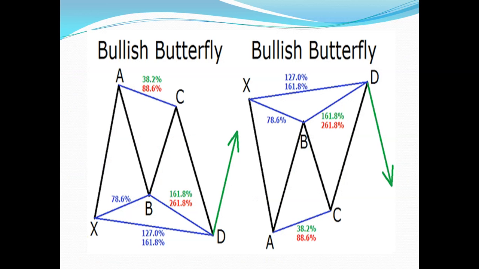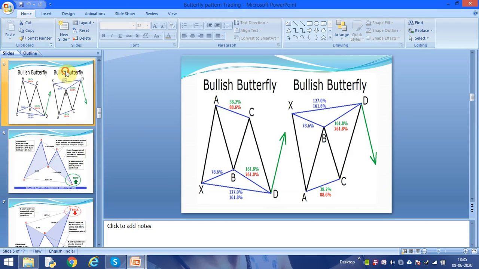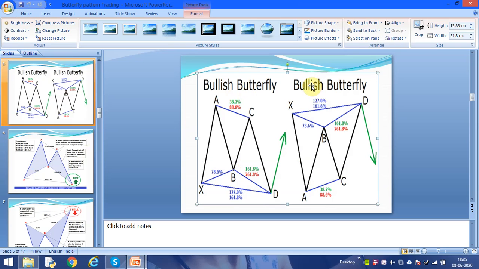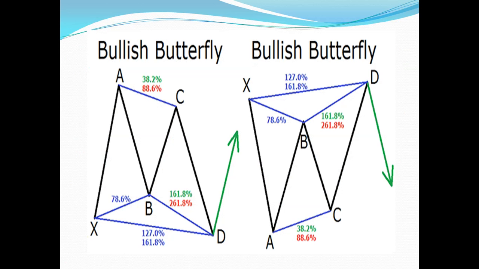So it will start from point X, then A, then B, then C, and once C forms, then at the D point you have to buy. This is bullish, and the second diagram is bearish butterfly.